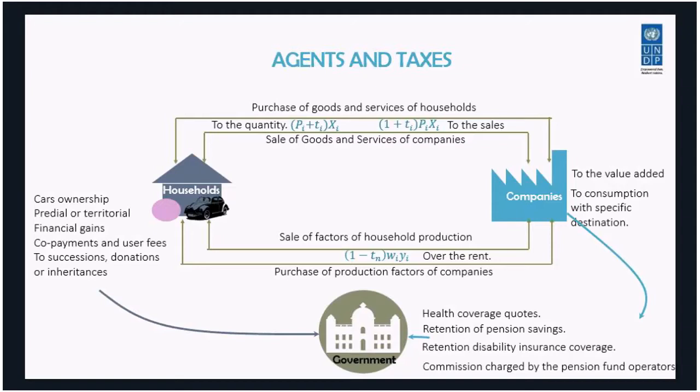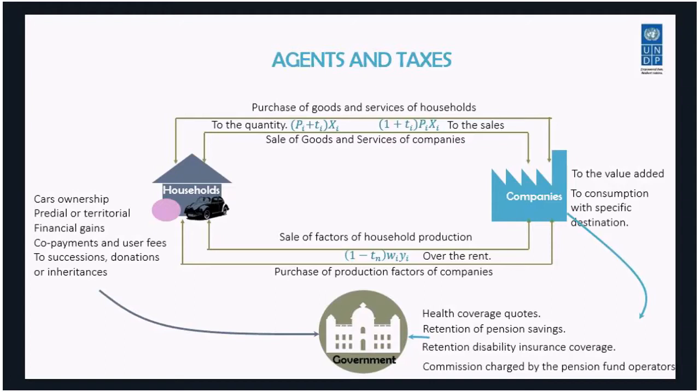Just let me put it in the simplest way. A tax on quantity is simply the price plus the tax times the quantity of the goods purchased, right?